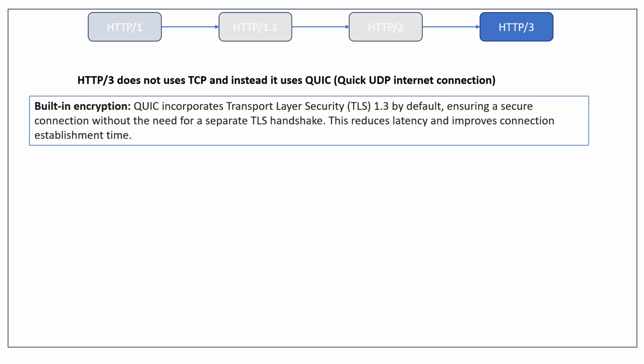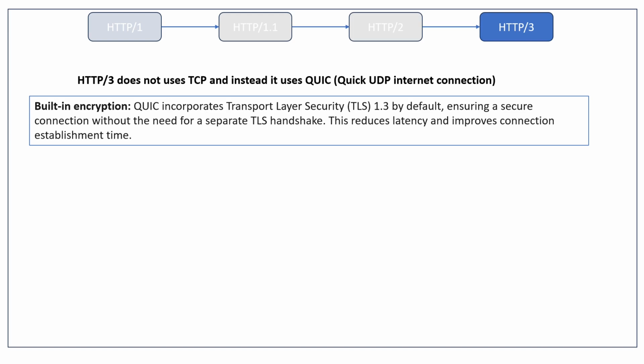And now, if you remember, whenever you want to open a connection, there is a three-step process, right? And in that we also have encryption, the key exchange process. But here it has built-in encryption. It uses TLS 1.3, an advanced version of encryption, so there is no need for a separate TLS handshake.